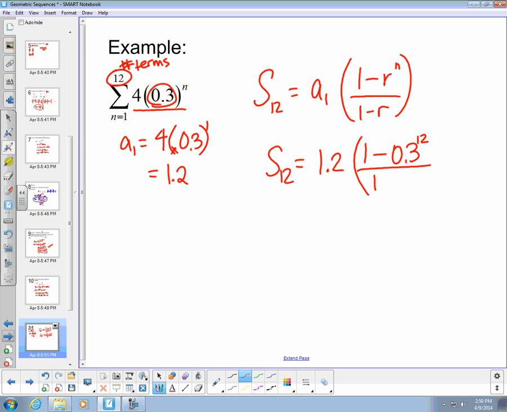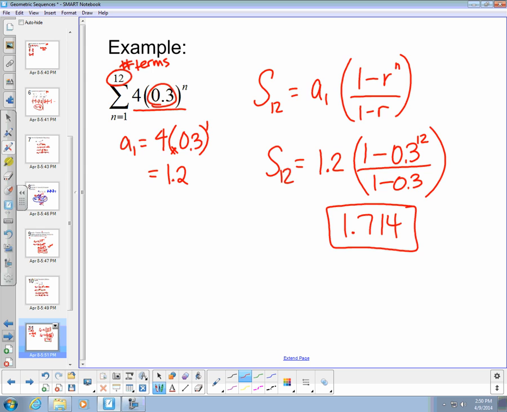Okay, and then over 1 minus 0.3. Okay, so we're going to start in the parentheses, and we're going to do the top of the fraction and the bottom of the fraction separately. Okay, so when you put this in the calculator and you multiply all of this out, you will come out with approximately 1.714. Again, if you have to round, go to 3 decimal places.